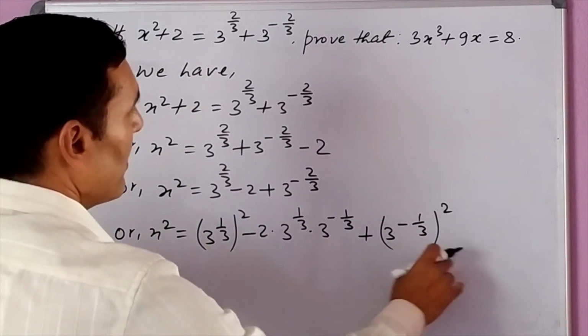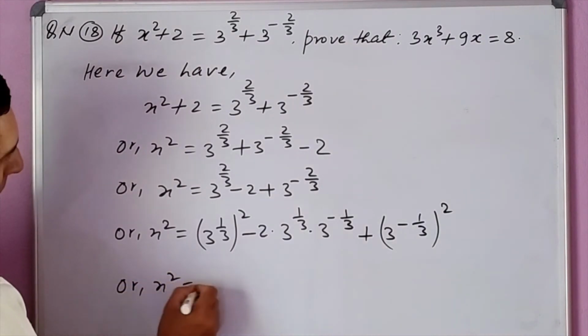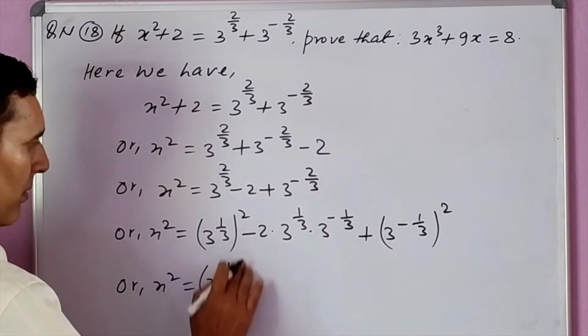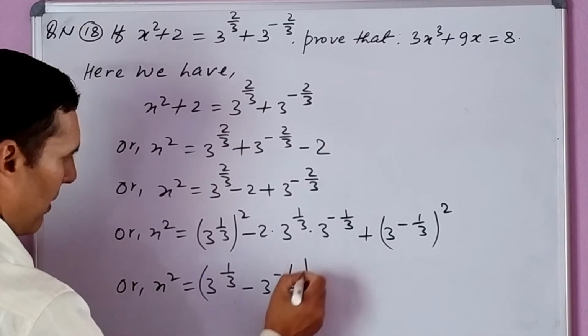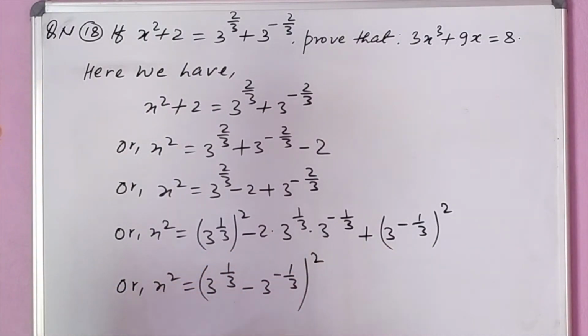Now a square minus 2ab plus b square is a minus b whole square, 3 to the power 1 by 3 minus 3 to the power minus 1 by 3 whole square.